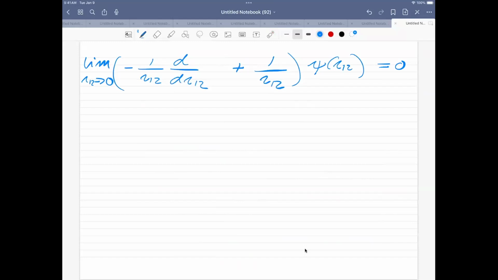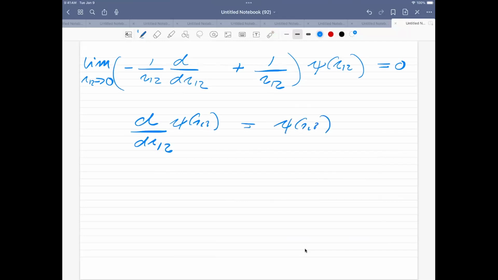So when you do that, you can solve this equation because you get a famous differential equation, which simply says that d R12, and now I'm just multiplying away the minus signs, of psi of R12 is equal to psi of R12.